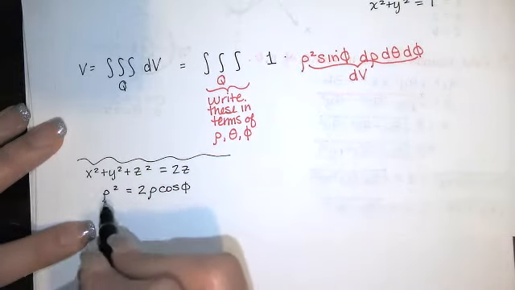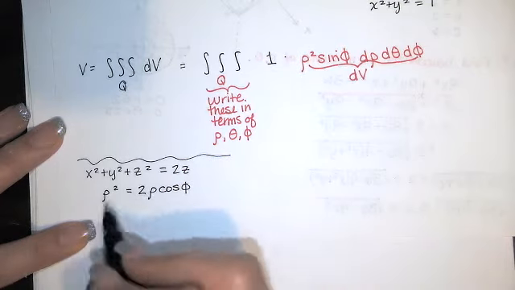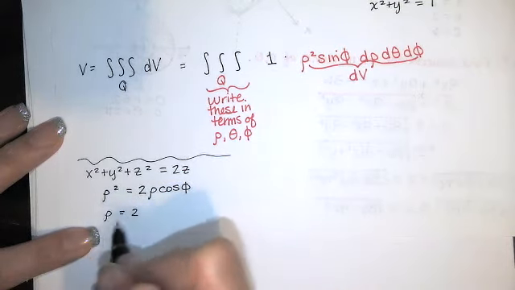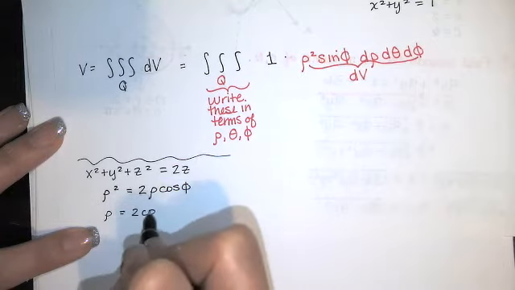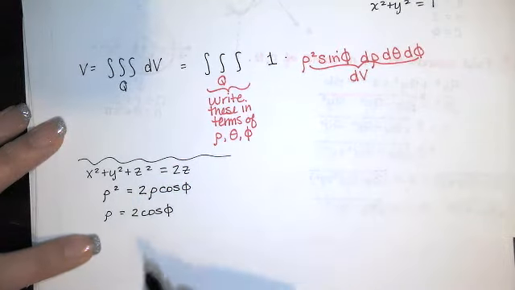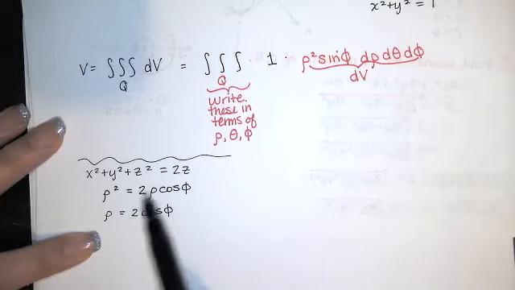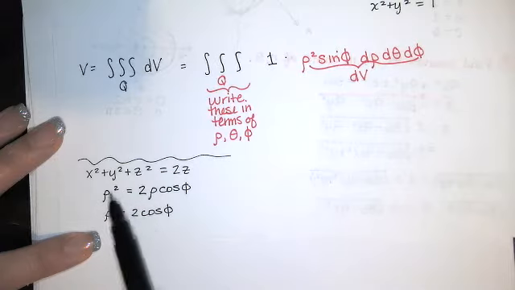Normally we don't like to divide by a variable, but this time we can divide by rho. Then we get rho equals 2 cosine of phi. Why is it okay to divide? The danger is that rho might be 0. If rho is 0, then 0 squared equals 2 times 0 times cosine of anything.